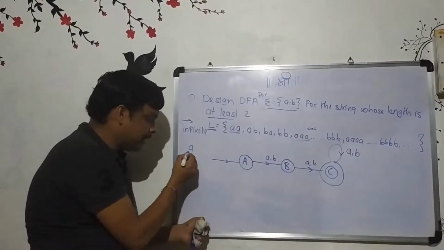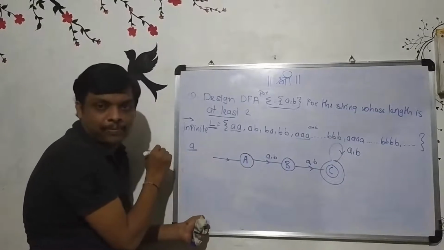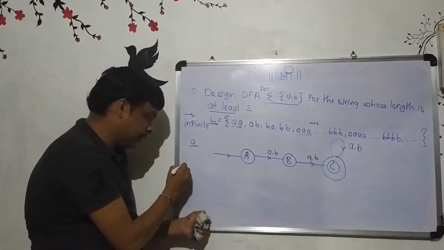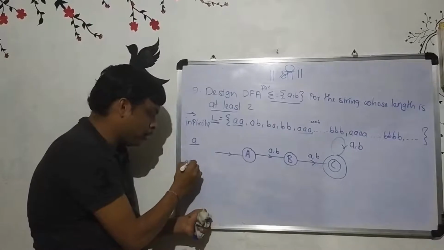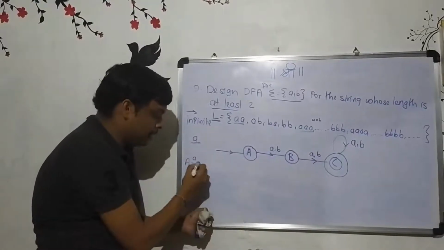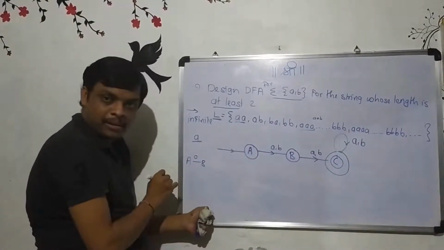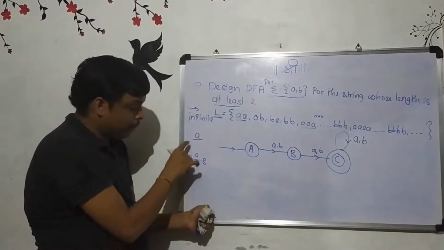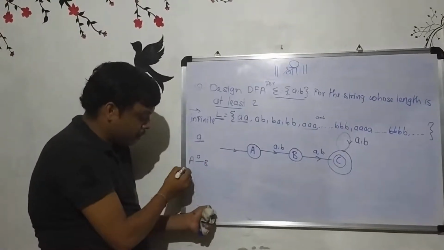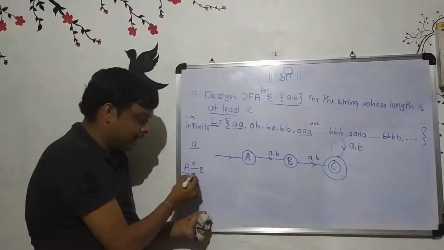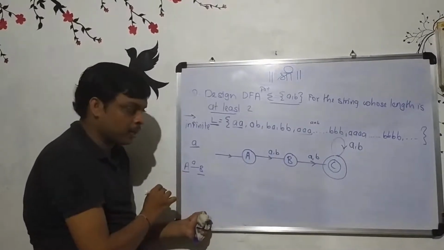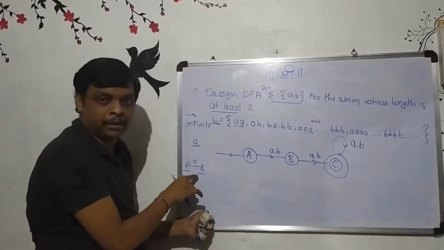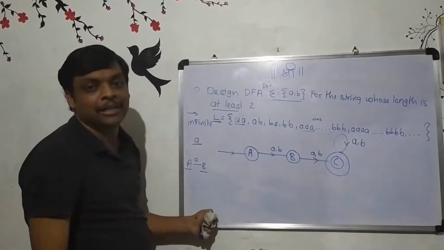So here I have taken a string of length 1, small a. If I scan this, whenever we are in capital A, observing small a, the resultant state is B. The string is over. So upon scanning this entire string, we started with initial state capital A, and at the end our last state is capital B, which is not final. So small a is rejected.